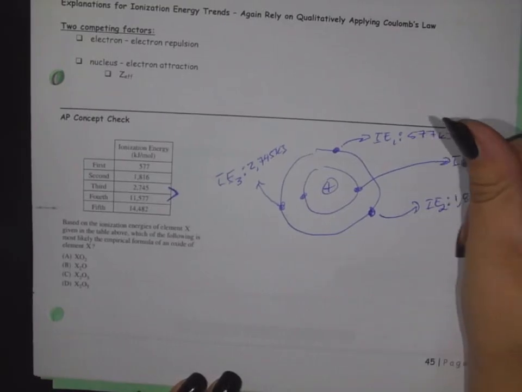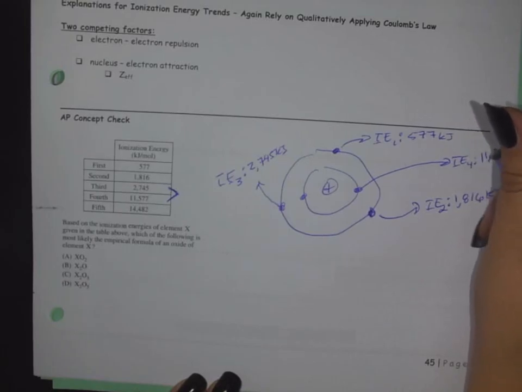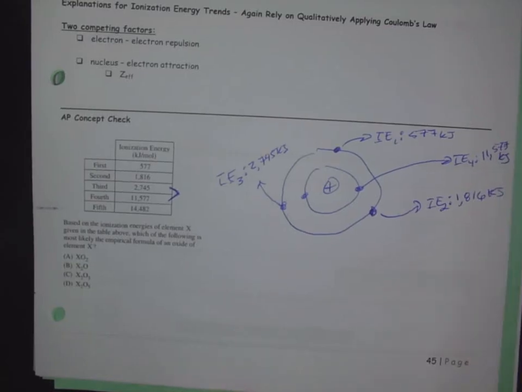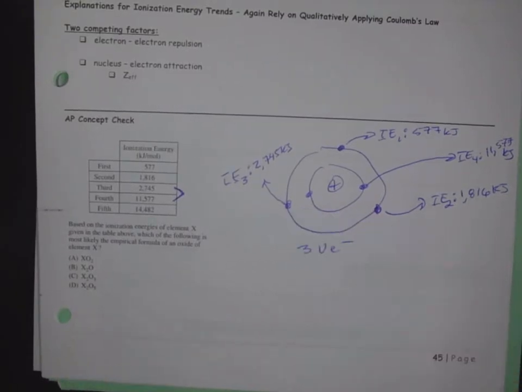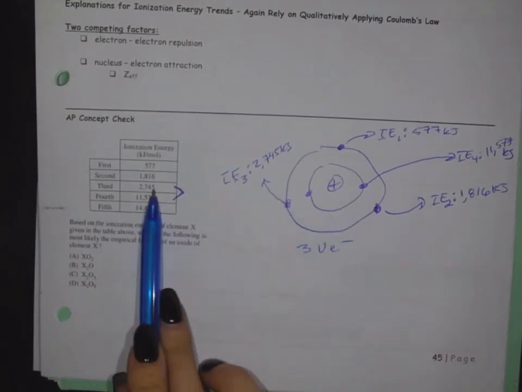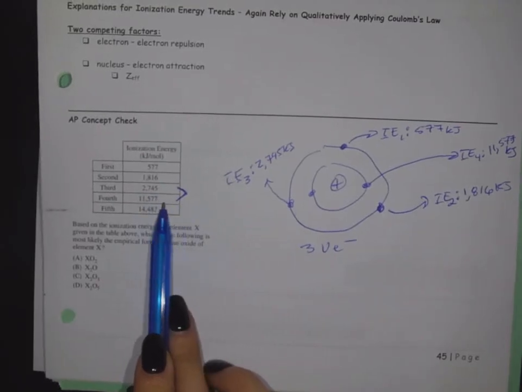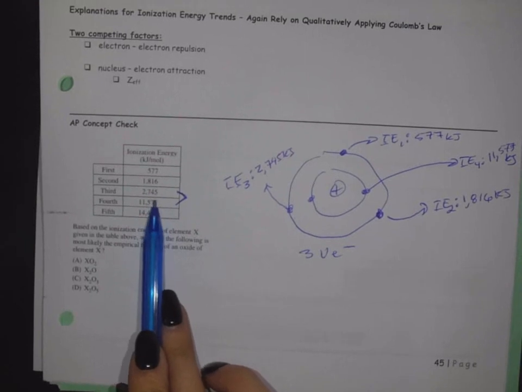So this ionization energy 4 was 11,577 kilojoules. So that must mean that this atom had 3 valence electrons. I know this because the jump from the third valence electron to the new energy level, the fourth, was noticeably larger.